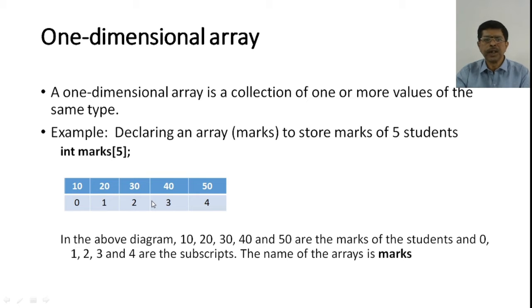Here 5 is nothing but the size of the array. For 5 students we are giving 5, for 10 students we may have to give 10. In the diagram we have 10, 20, 30, 40, 50, and down in the second row we have 0, 1, 2, 3, 4. This is the subscript or the index.